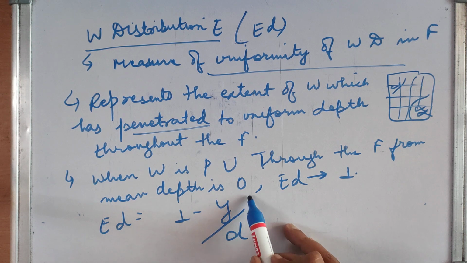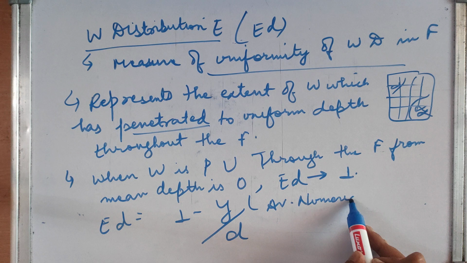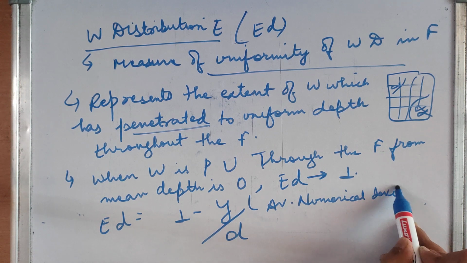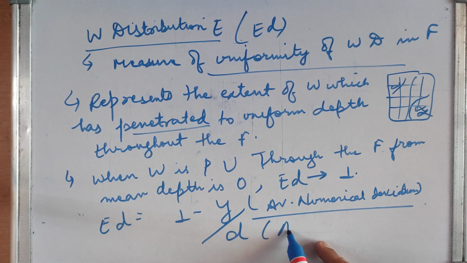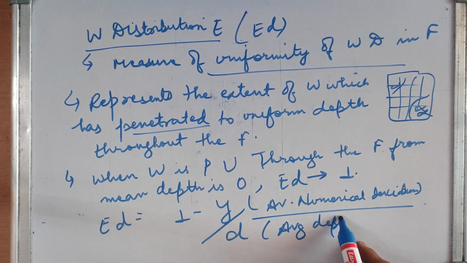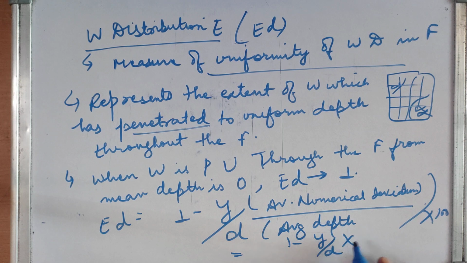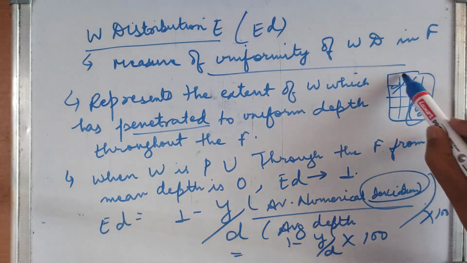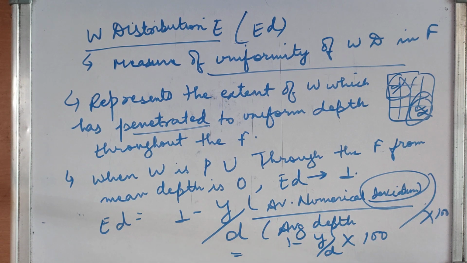What is y? Average numerical deviation. And what is d? Average depth. Suppose this area is high and this is low, so we need to calculate the deviation, and d is depth.